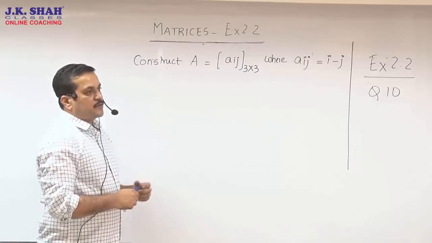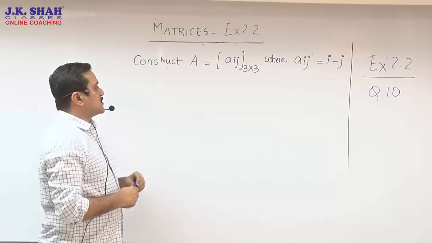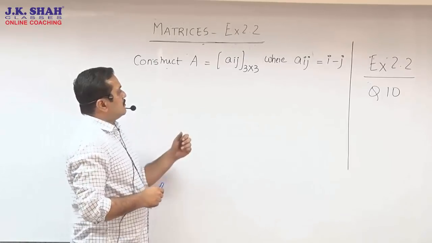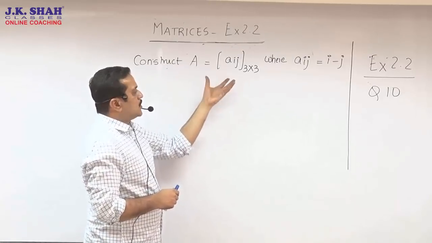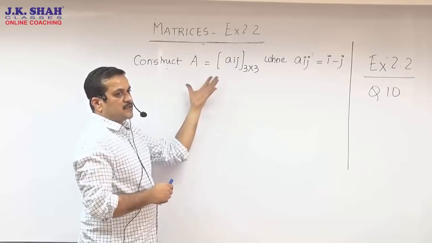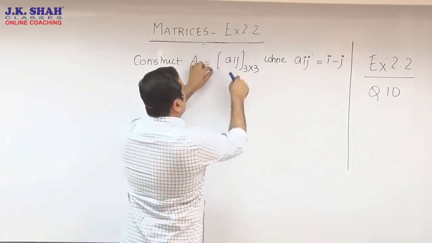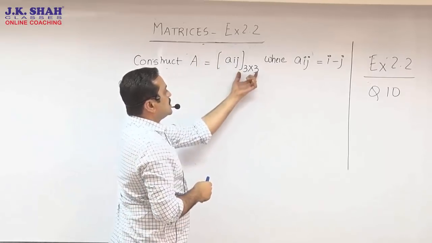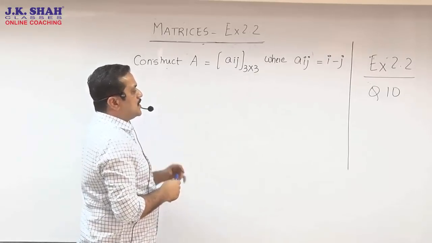Then we'll proceed into some other part of matrices. Now this seems to be a bit of a dicey question, so I would ask you to first read the question properly. If you remember, that's the compact form that I had earlier in my introduction. I had given you a short intro of the compact form of a matrix. Now that's the matrix bracket. Aij are the elements of the matrix, and the size they are mentioning is 3 into 3. So we understand the matrix has 3 rows, 3 columns.